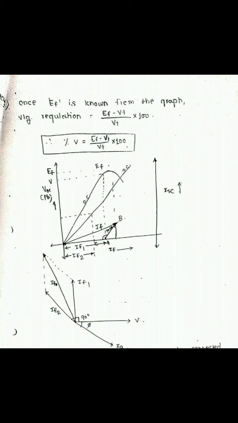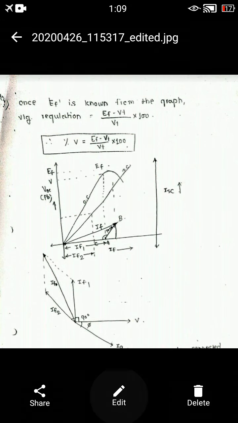By combining IF1 and IF2, we get IF, the ampere turns required to overcome the demagnetizing effect, and after considering this effect, we calculate EF, the EMF generated, from the ampere turn method. This method is very useful for finding the voltage regulation.